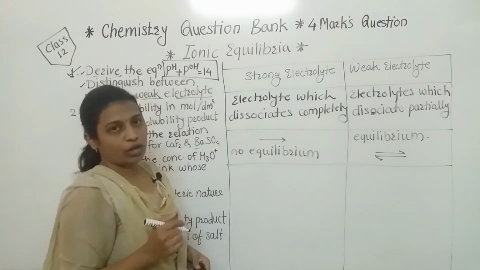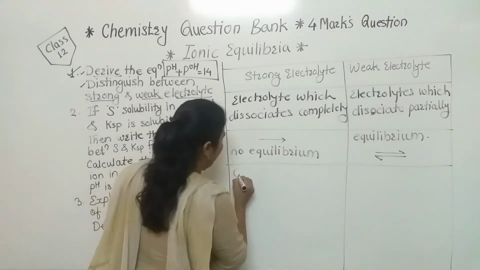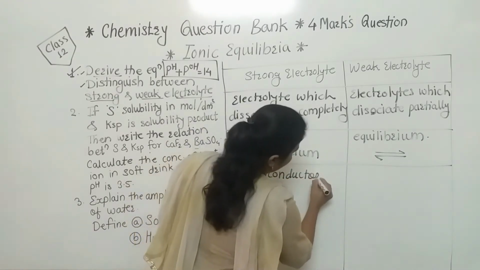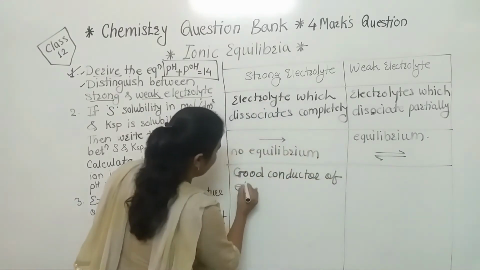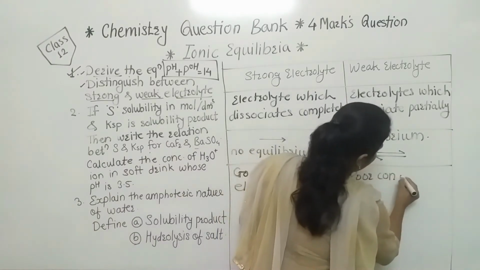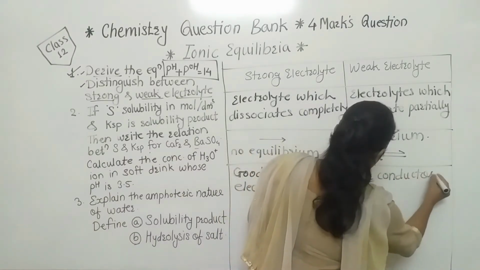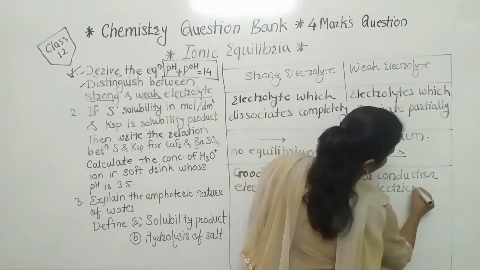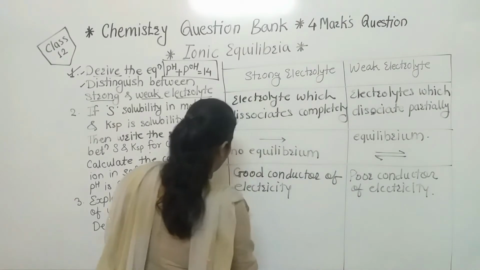These are the strong electrolytes, means they are good conductors of electricity. These are poor conductors of electricity.